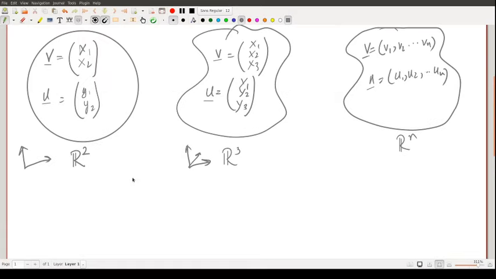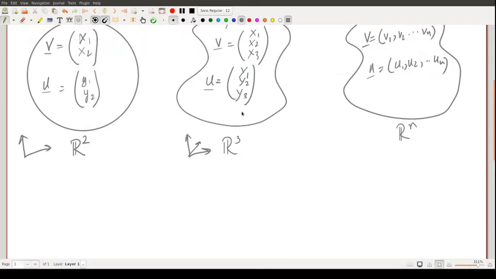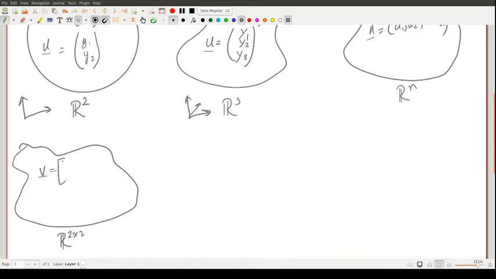There are other spaces that are not R to the power something, that is, they're not just column vectors or just a list of real numbers. You can perhaps have the set of 2x2 matrices as well, and a vector in this would be something like v11, v12, v21, v22, and u could be u11, u12, u21, u22.